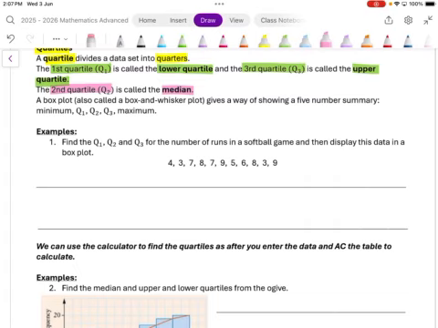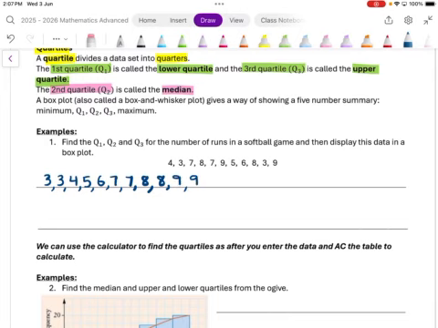What we're going to do is write these in order. So in order, we have 3, 3, 4, 5, 6, 7, 7, 8, 8, 9, and 9.